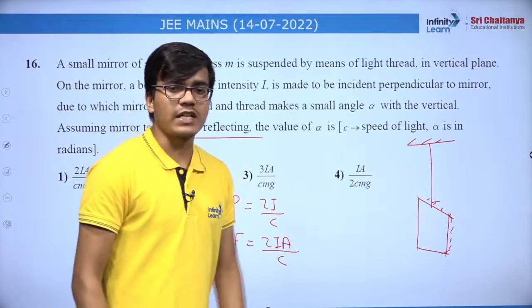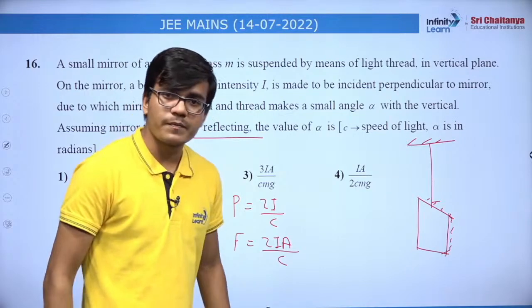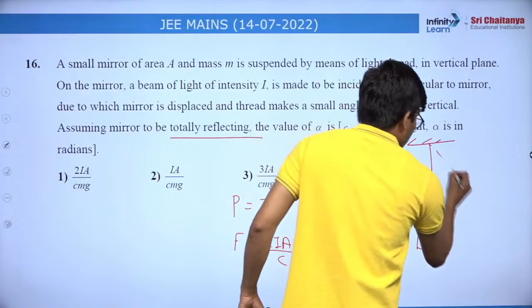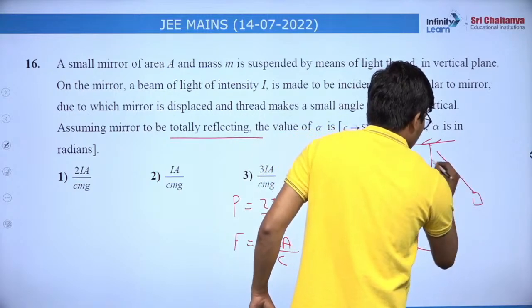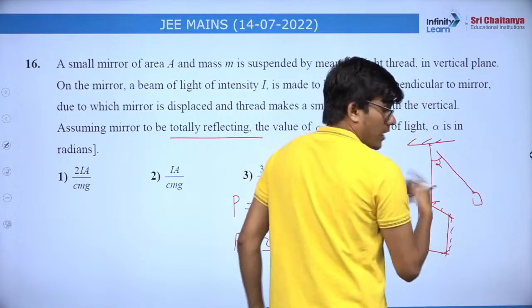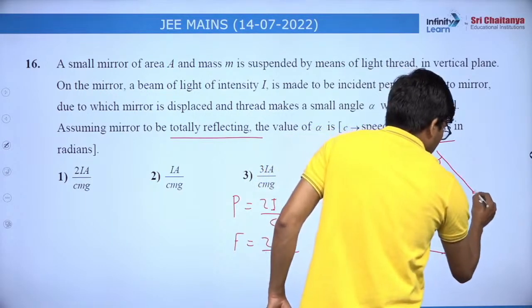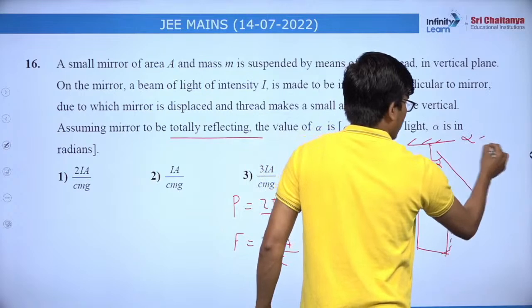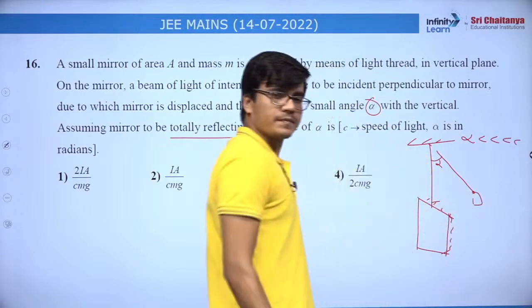And I is intensity. So this is the force applied on this mirror, due to which this entire mirror is getting deflected by angle alpha, and you need to find the value of alpha, and it is given that alpha is a very small angle.